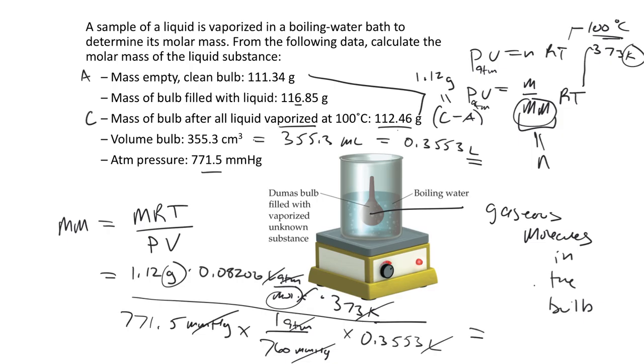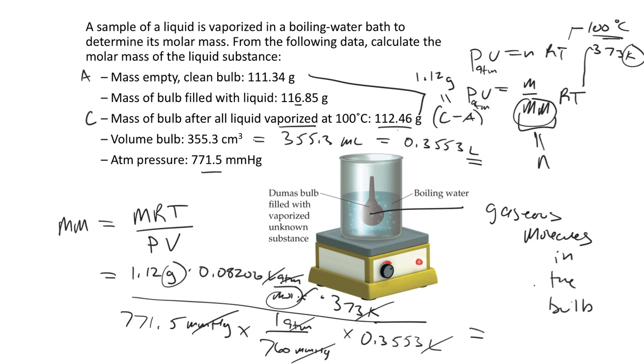So when it comes to putting this in the calculator, obviously we'll do 1.12 times 0.08206 times 373. And then when I go to divide by the pressure and volume, I'm either going to use parentheses and do all the math, or I could work out the ATM math separately. Probably using parentheses is the best way to go.